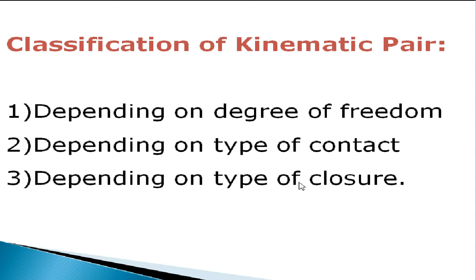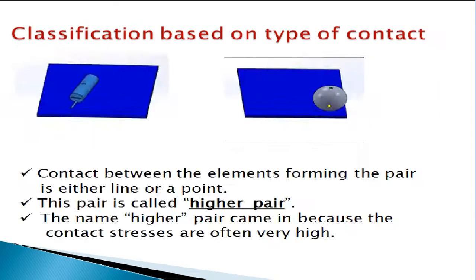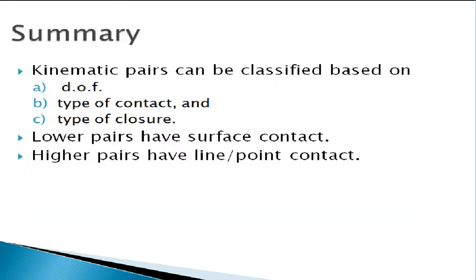Similarly, on the type of closure, you have either form closed or force closed kinematic pairs. In lower pairs, we have surface contact and hence the stresses are lower. In higher pairs, we have line or point contact and hence the stresses are higher.